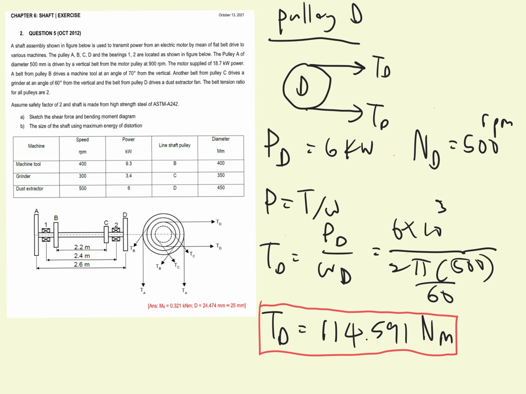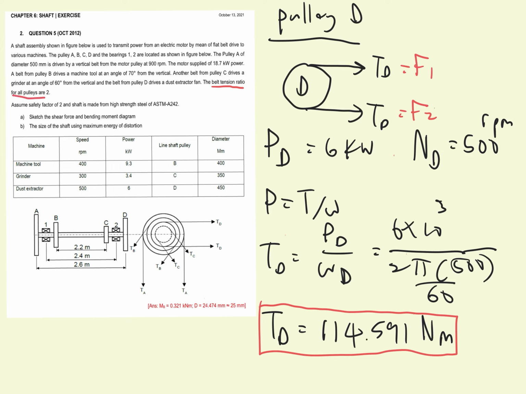So now we have the value of torque at pulley D, we can find the value of F1 and the value of F2. F1 is the belt on the tight side. F2 is the slack side of the belt for pulley D. Also, we will use the hint here, the belt tension ratio.